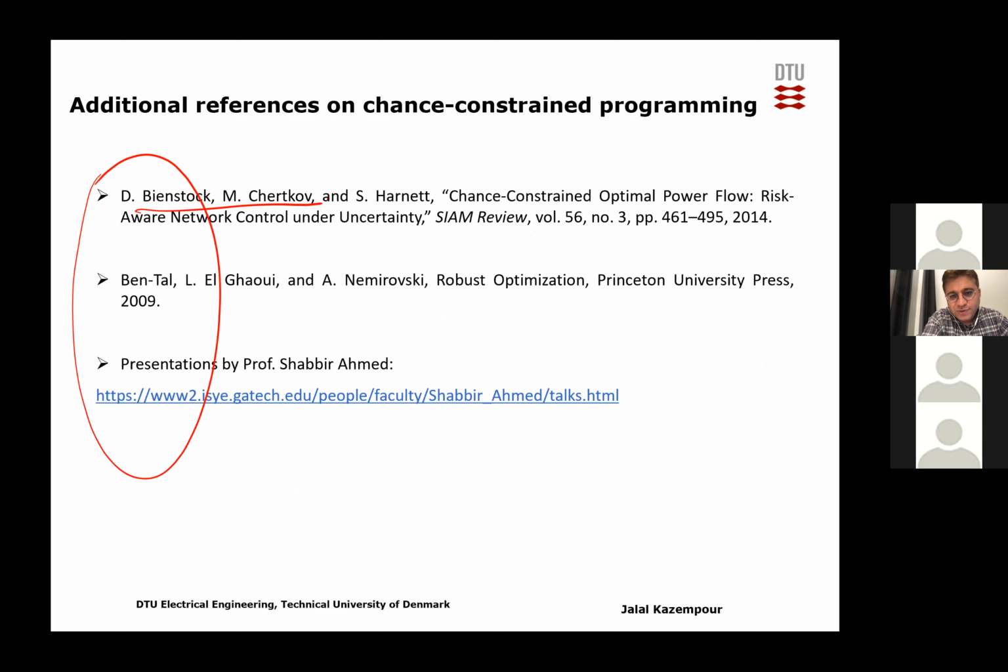It's a really nice review paper. You can check it out. It's related to the OPF problem, how to implement chance constraint in the OPF problem, and use analytical reformulation. Then also this book by Ben-Tal et al. It's really good. Also, there are very nice presentations by Professor Shabbir Ahmed, who unfortunately passed away last year. This presentation is also very, very good.